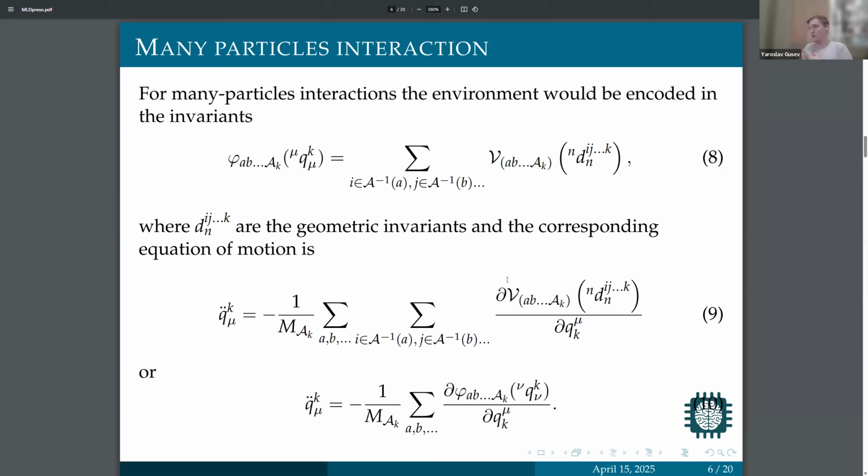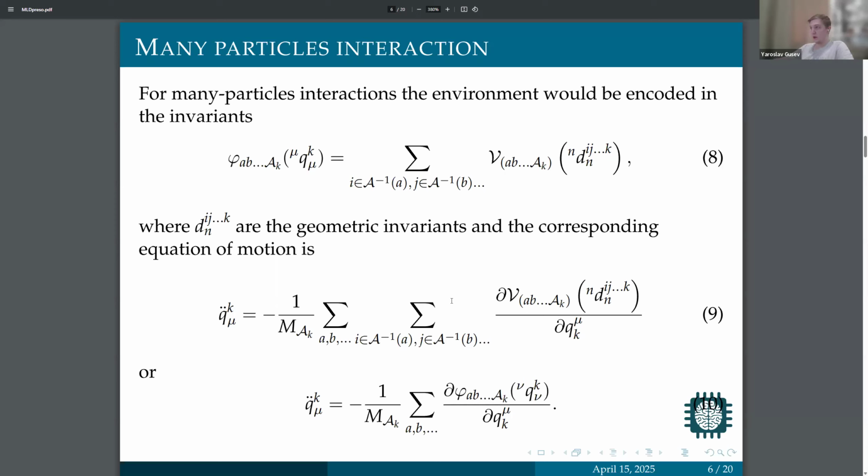So, for example, for a 3-point interaction, you may consider 3 particles interacting, and one invariant could be the square of the corresponding triangle, or the area of the triangle. But there might be other quantities that tell you about relative positions of the particles that are interacting.